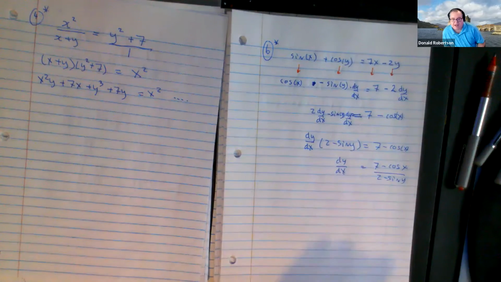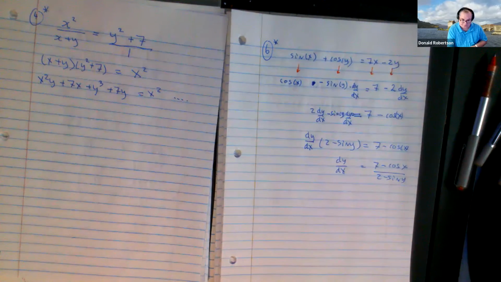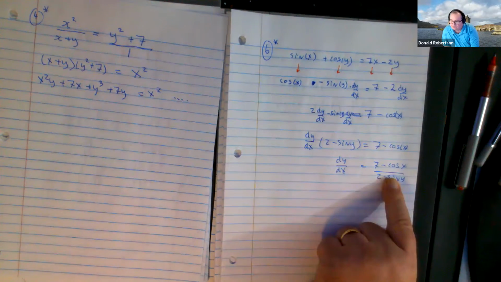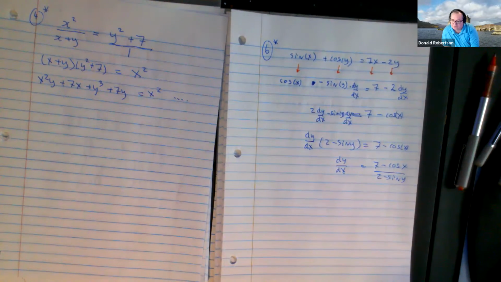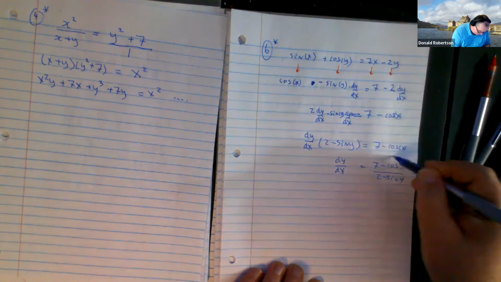Do you think there's anything you can do to that fraction? Can I make it prettier? Can I do anything to it? No. Sometimes you have to know when there's nothing to do, right? We're finished. There's nothing else you can do to that.